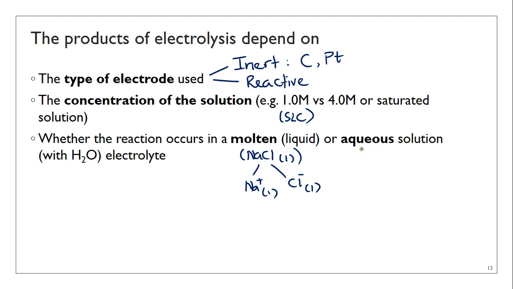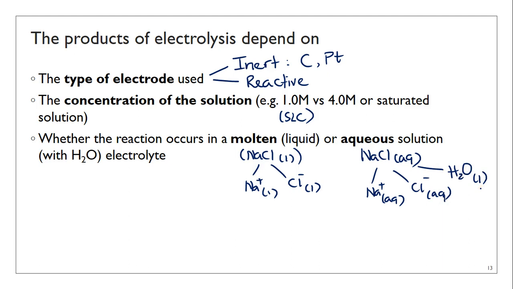Whereas if I have an aqueous solution, this is when you dissolve table salt in water and the state will be different. You still have sodium ions and chloride ions, but with an aqueous solution, it means that you also have water present, and water is going to be a very, very interesting substance for electrolysis.